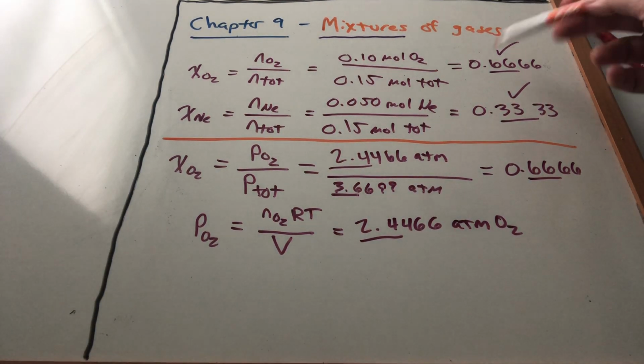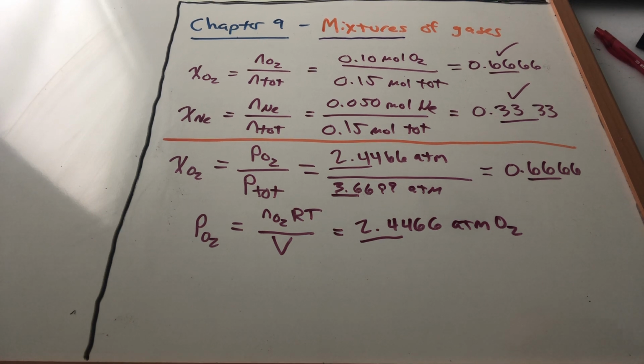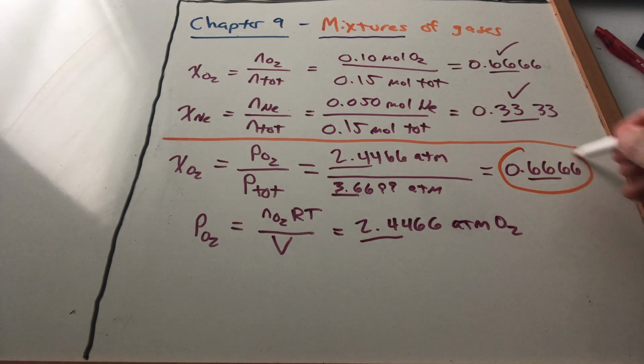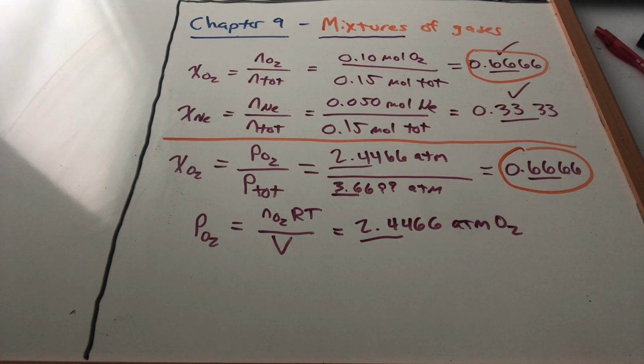Well, then go ahead and just use that mole information directly and calculate mole fraction. But if you're given pressure information, notice, do you get the exact same value that we got with our mole definition if you just use our pressure definition? And the answer is yes. So either pathway works. You have to look at the problem and decide what information you're given.